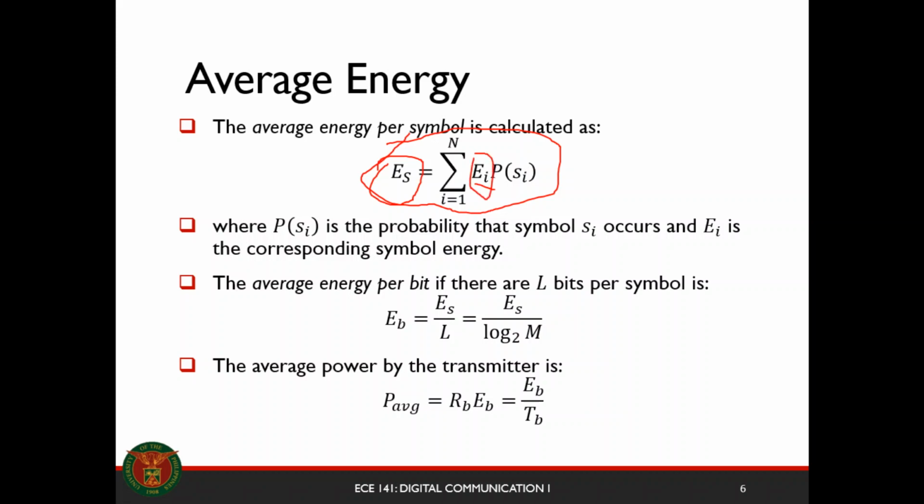Different symbols could have different energies. In turn, the average energy per bit is the average energy per symbol divided by the number of bits per symbol. The average power of the transmitter is the energy per bit divided by the bit interval, which is the energy divided by the bit rate's reciprocal.